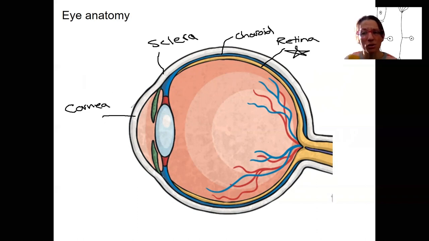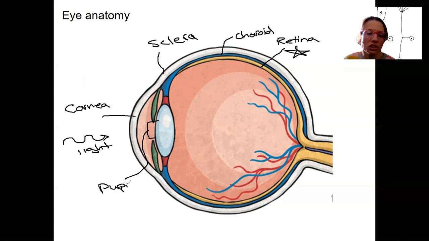We also have some other important structures here. So light's going to be coming in, it's my little light symbol, from the external environment. It's going to pass through this region right here. What do you think this hole is? I'm not talking about this big thing here. I'm talking about this hole. This hole is actually your pupil.